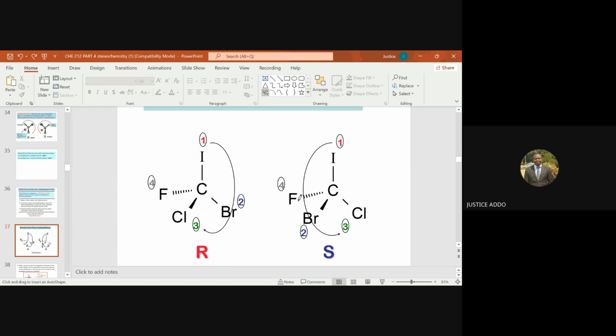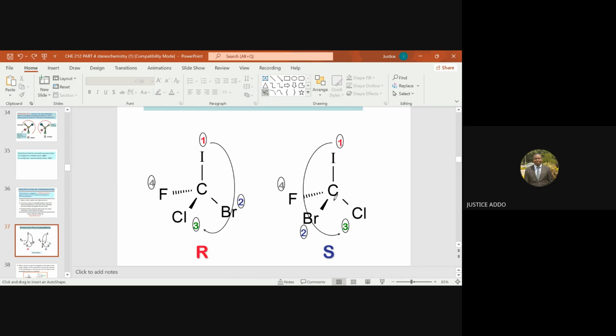What it tells you is that even though on the screen we can see all the 4 groups, in reality, one of them cannot be seen. One of them is hidden. So when a group is on a solid line, like the iodine and the chlorine, it means it is in the plane. And if any group is in the plane, automatically you will see that group. So we can see iodine, we can see chlorine.